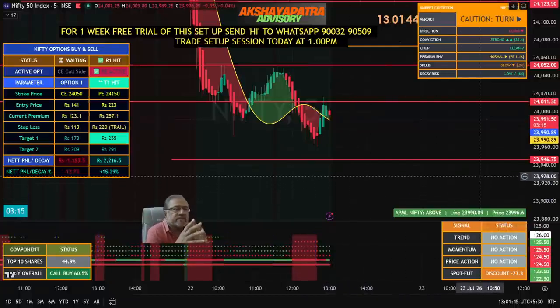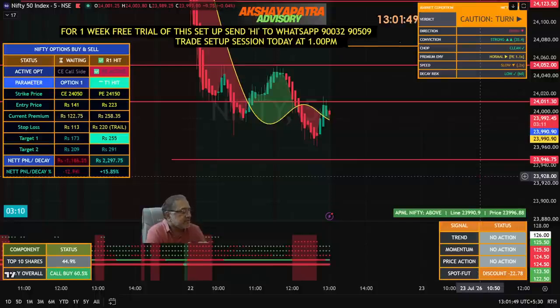Intraday trading primarily stands on three pillars. One is trend. That is, you need to know which side the market is moving. Based on that, you will take trade on that side, call or put. Next is whether the trend has got momentum, meaning whether it is going to go further in the same direction with speed and conviction, or not. Third is to aid all this, whether there is enough price action.